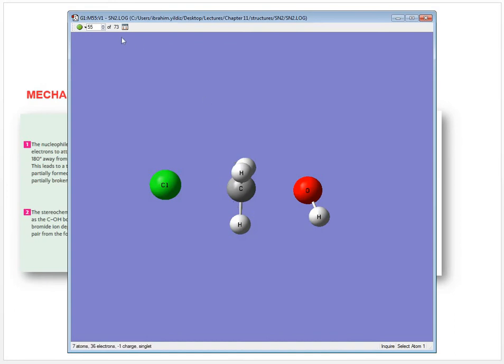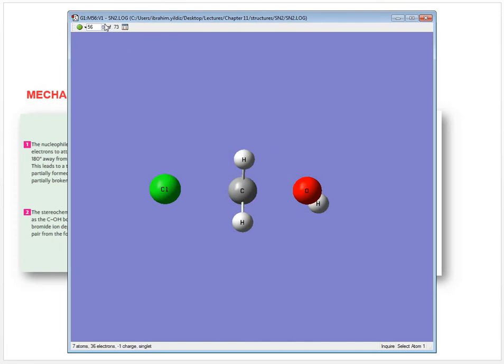As you see, this carbon is almost planar. If we go back one more. One more requirement for SN2 reactions: the nucleophile has to approach the electrophilic carbon 180 degrees away from the leaving group. Hydroxide cannot approach from this side or from this side, but it has to approach from the opposite side. So the angle between the leaving group, carbon and nucleophile has to be 180 degrees.